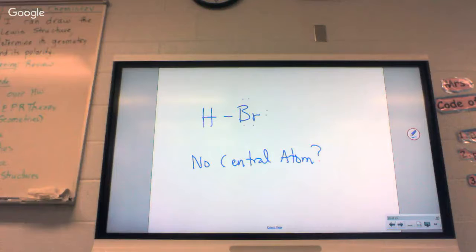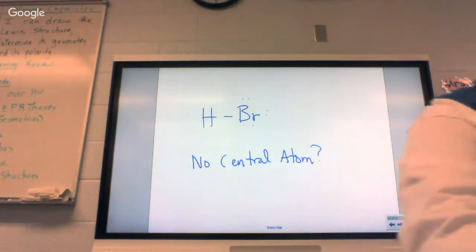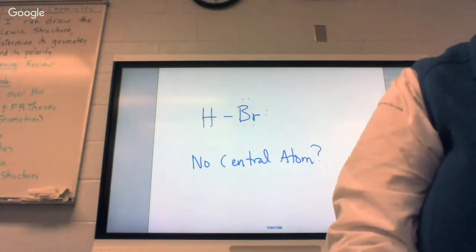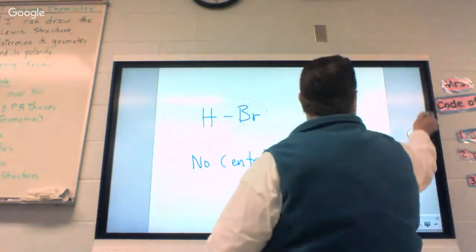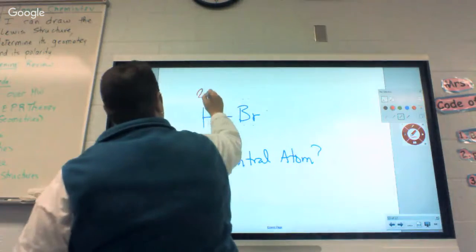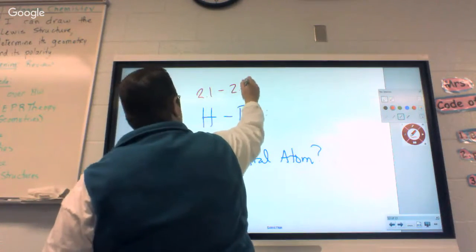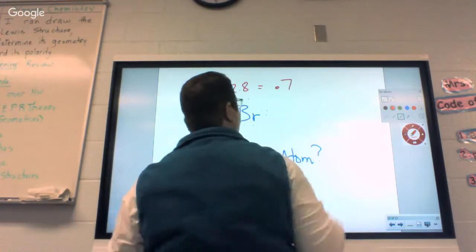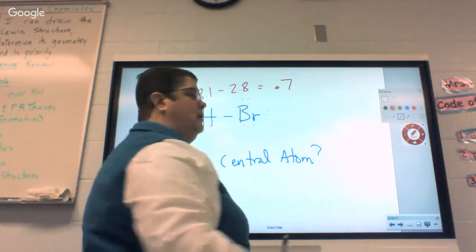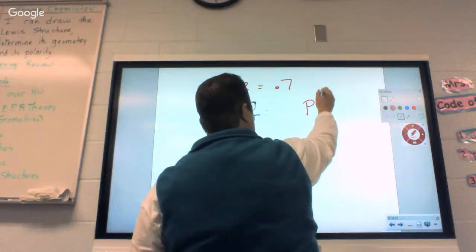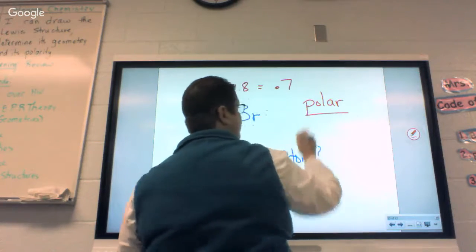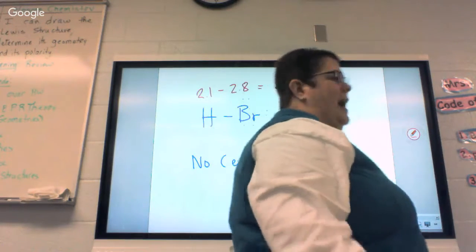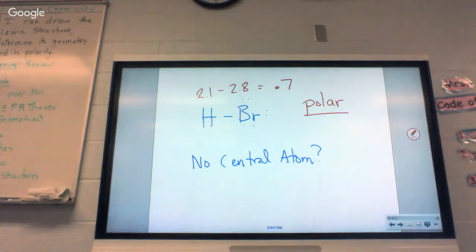Okay, so you would have 2.1 and 2.8. So 2.8 minus 2.1, you get 0.7. So this would be what? It's 0.7, not 1.7. 0.7.